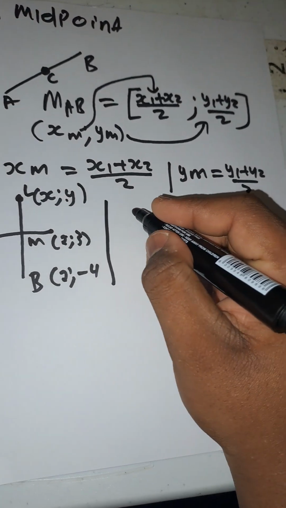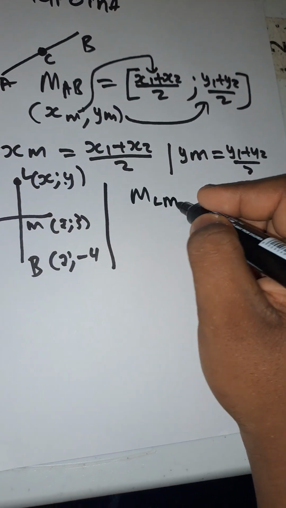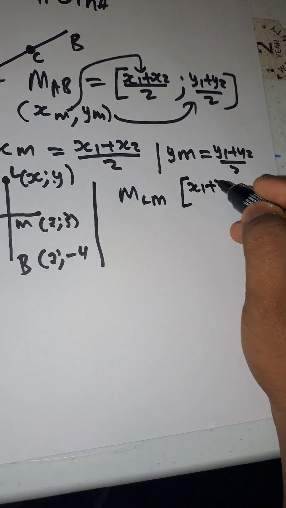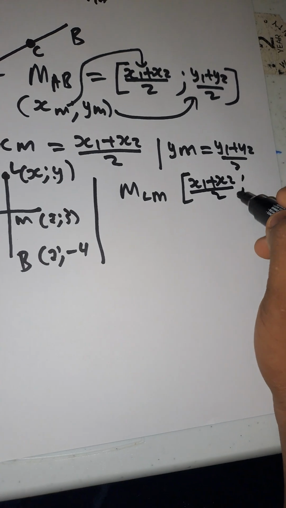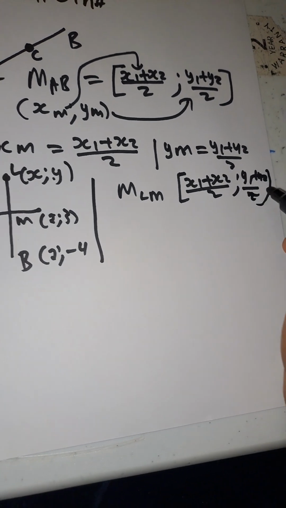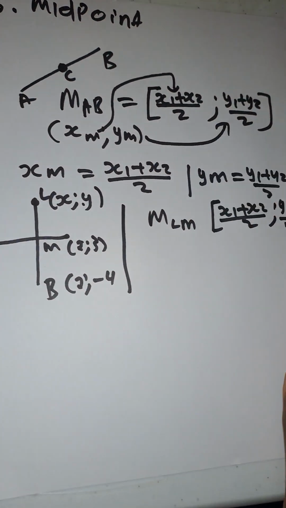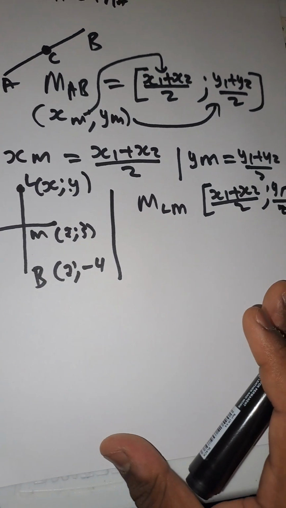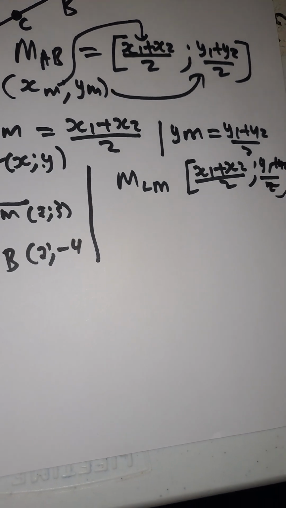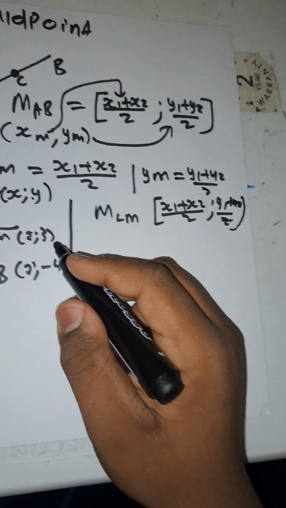You're going to write your midpoint LM, and then you put x1 plus x2 over 2, y1 plus y2 over 2. But where there's the midpoint of LM, what are you going to put? You imagine you have 2 and 3.